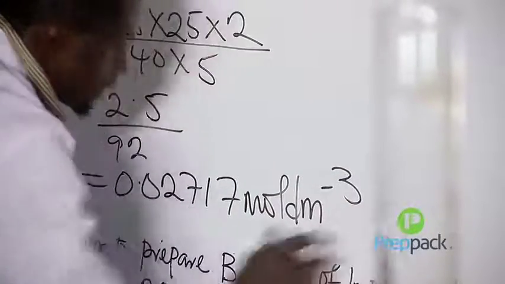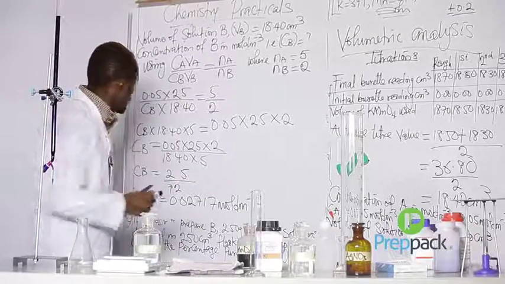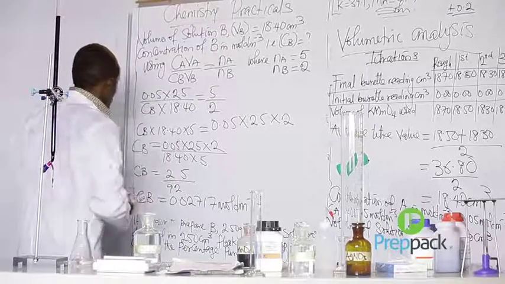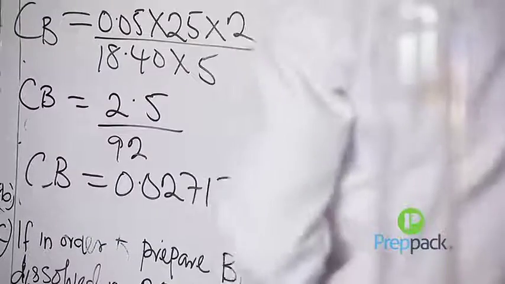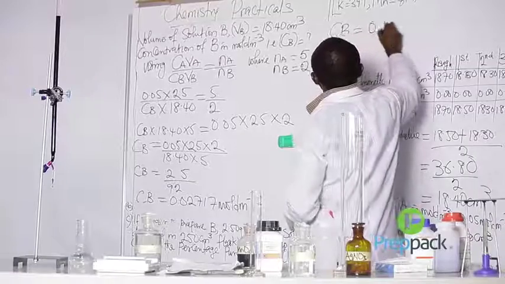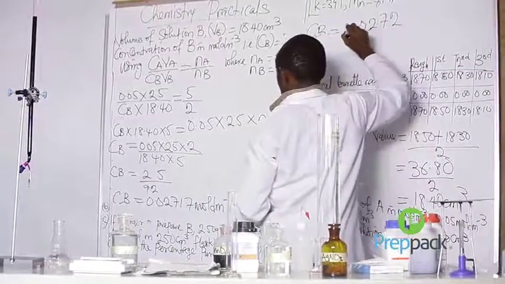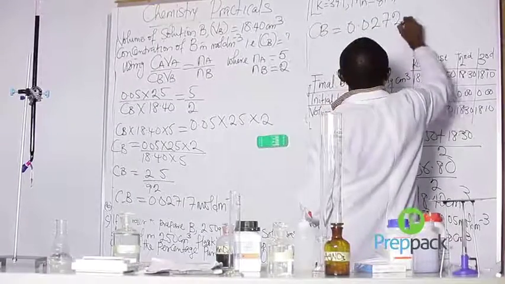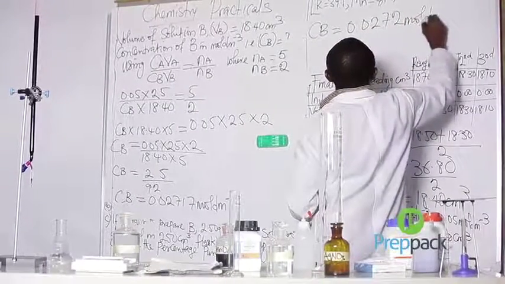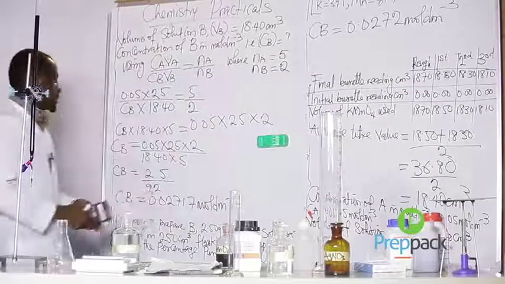Now the standard is concentration in mole per dm cube must be in 3 significant figures. So the final answer becomes Cb equal to 0.0272 mole per dm cube, which is the concentration of B in mole per dm cube.